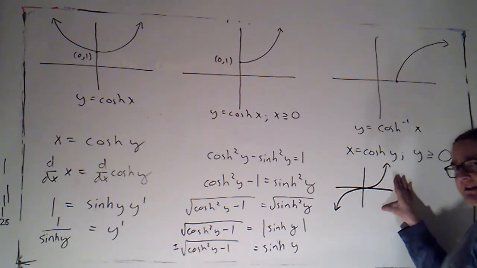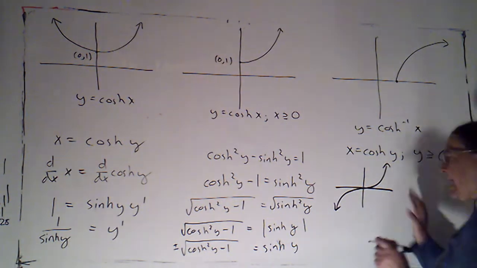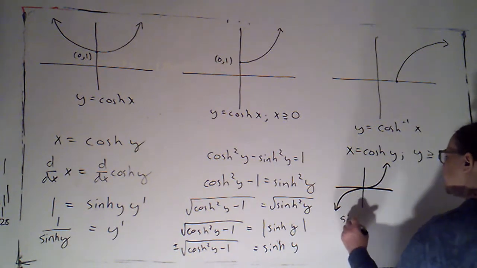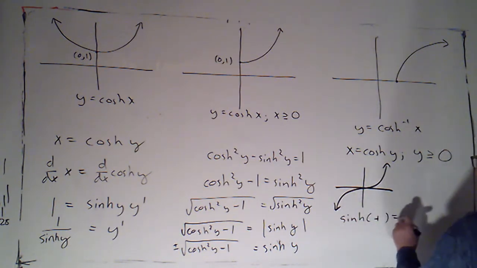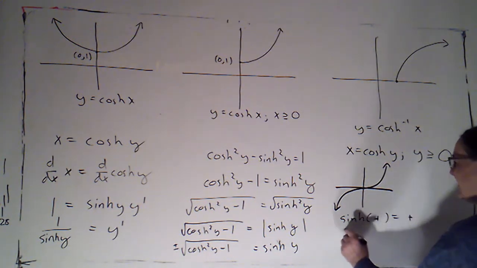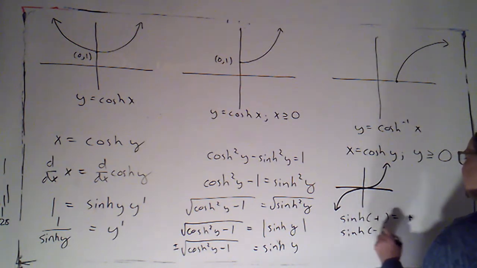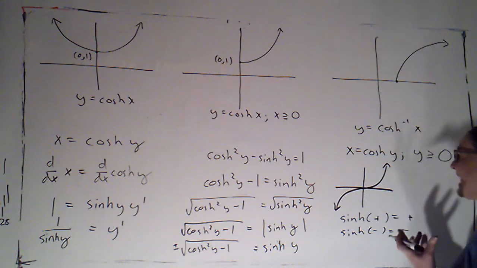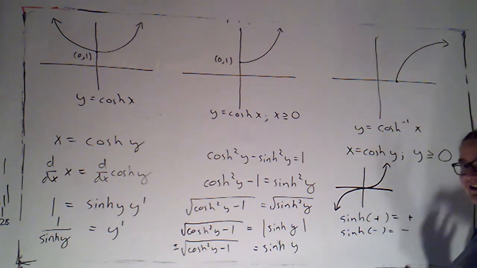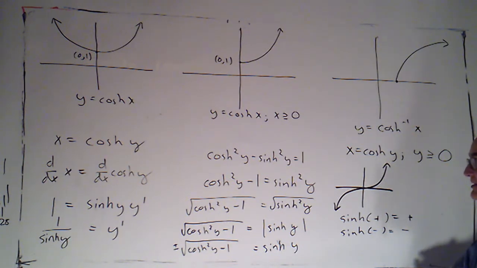And when we looked at this for the first time, I pointed out that what that means is that sinh of something positive, this is very informal notation, is going to be positive, and sinh of something negative is going to be negative. The plus or minus sign of the output matches the plus or minus sign of the input.